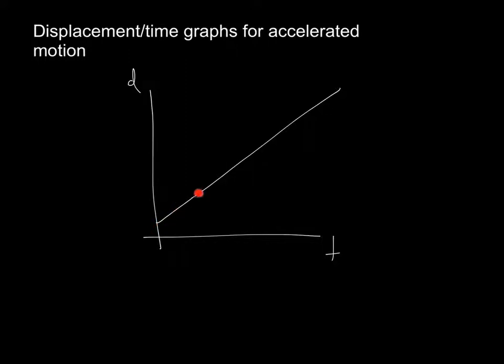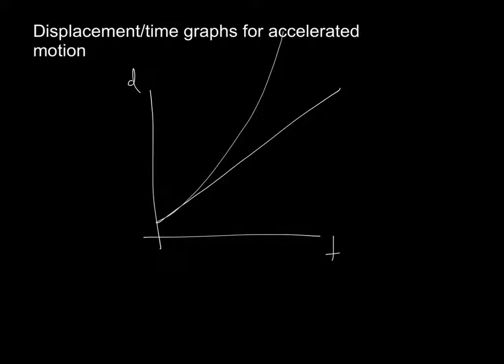So instead of doing the same amount of distance, it's going to do more. And then the next one is going to be even faster, so it's going to do even more distance, and so on and so on. So instead of having a straight line, I'm going to have a curve. So it's going to look something like this, because it's going faster and faster and faster, so each second it does more and more distance. So this is the typical displacement time graph of something that is accelerating.